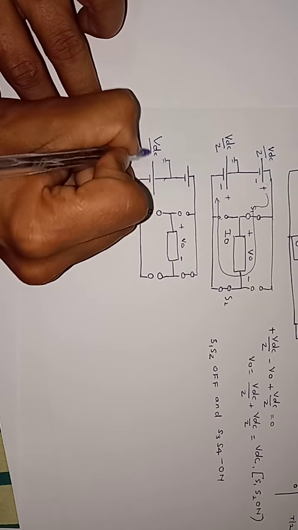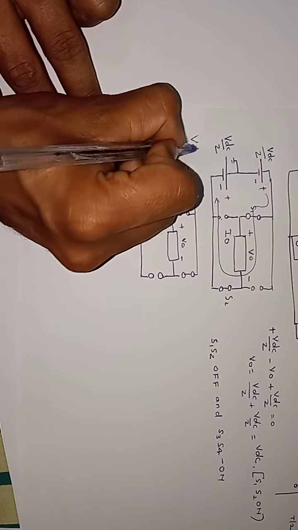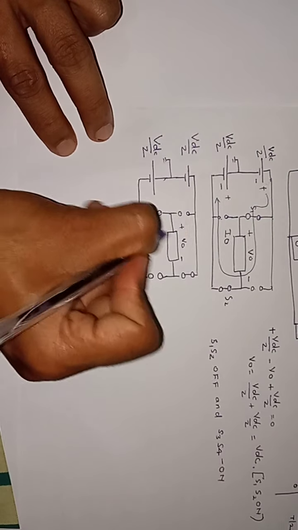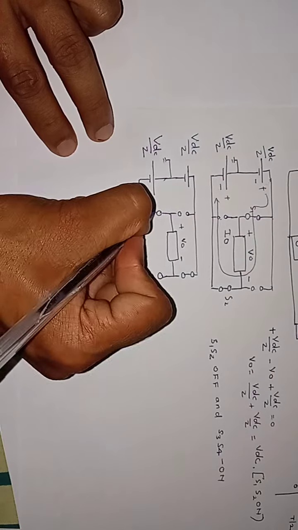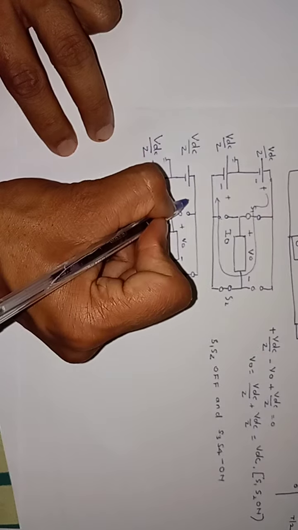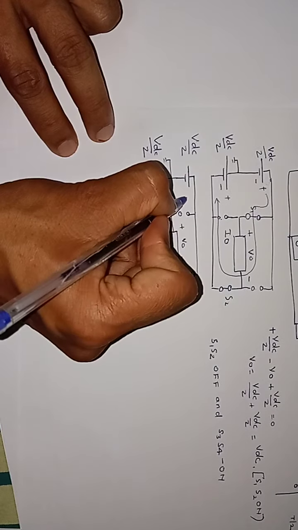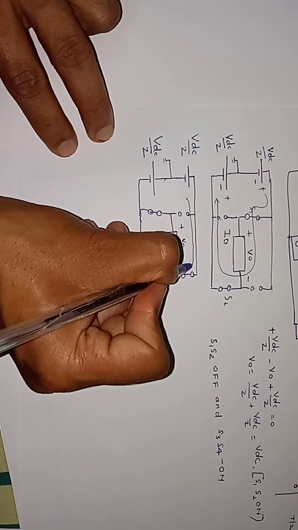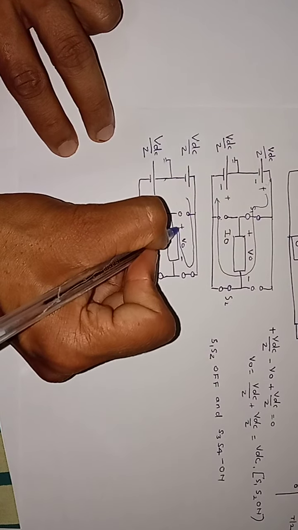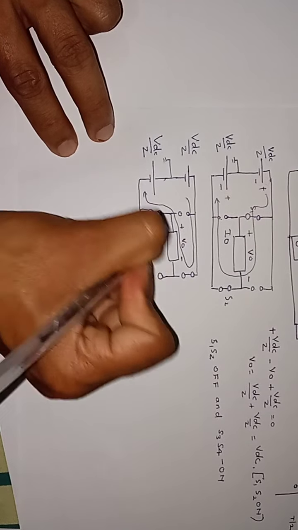This is VDC by 2, this is also VDC by 2. Now this switch and this switch are working and the remaining are off. So now the load current will flow this way.